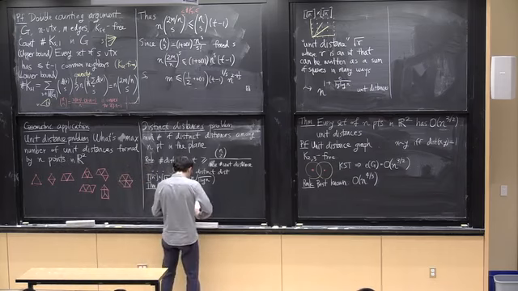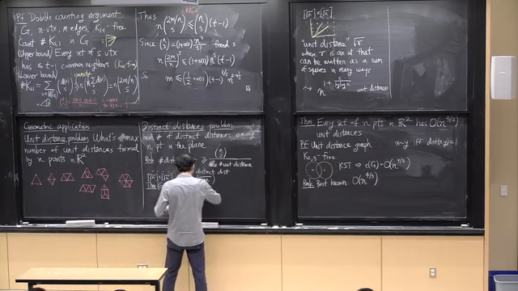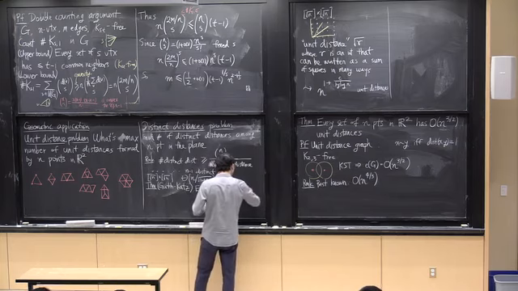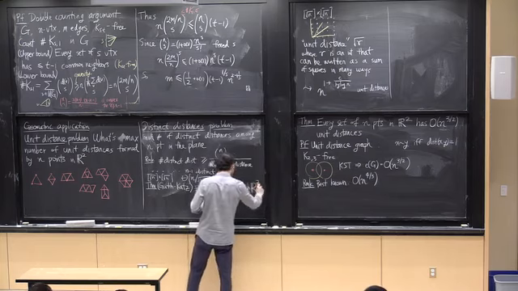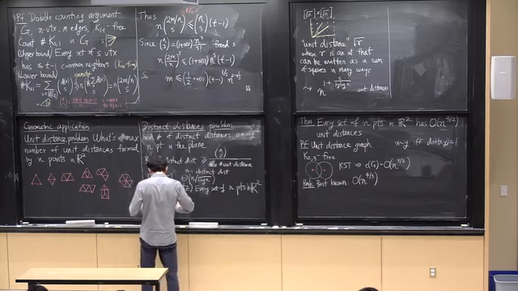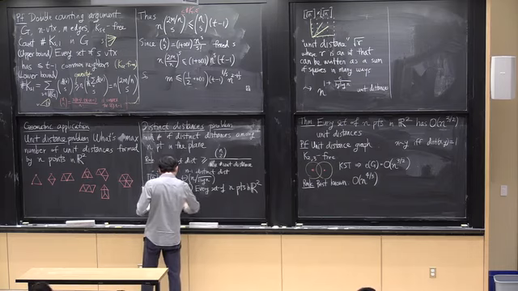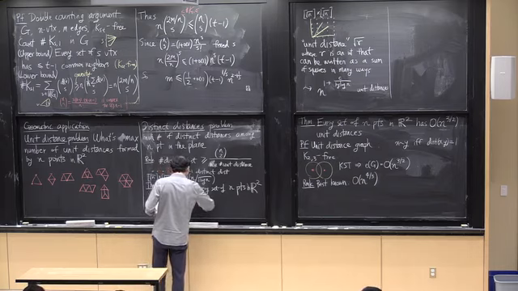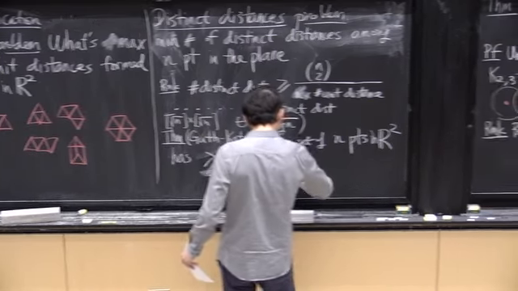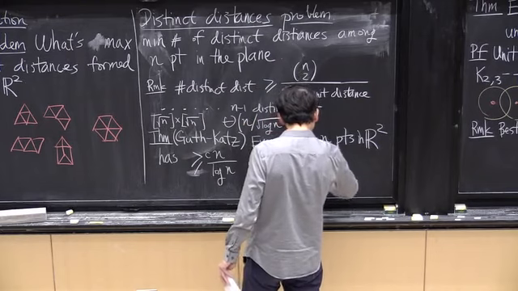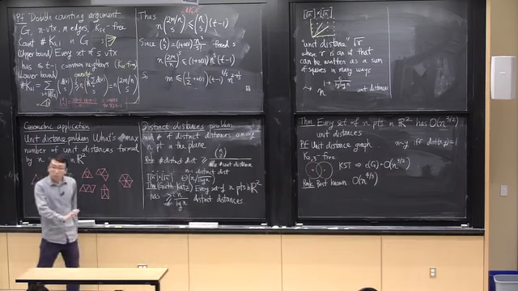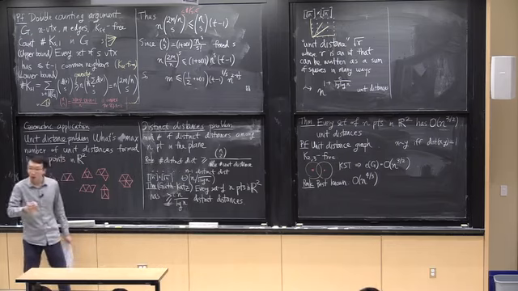They showed that every set of n points in the plane generates at least on the order of n over log n distinct distances. So not quite what Erdős conjectured, but nearly there.